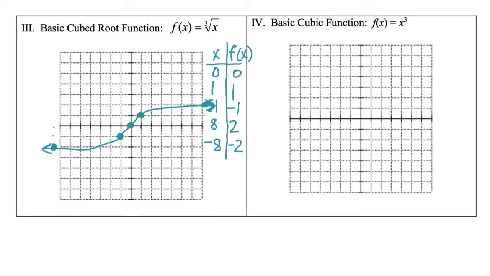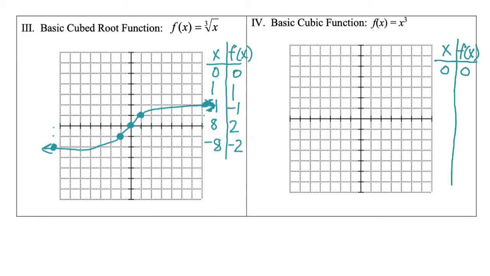Alright, now for cube. So really the cube is the inverse of cube root, so we can just swap our x's and y's and have it. So we're going to go through and see why though. So again, we want to do 0, 0.